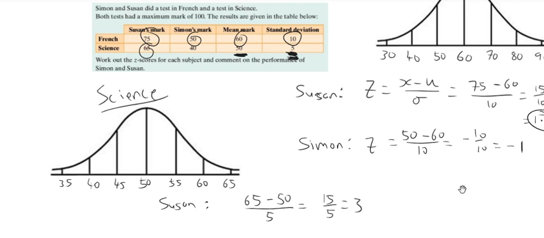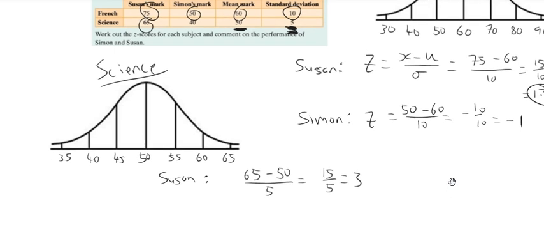So she's 3 standard deviations exactly above the mean. You can see that from the diagram anyway, because it's 1, 2, 3. So 65 is 3 standard deviations above. But you'll get decimals with these as well. You won't always be exactly a whole standard deviation above.